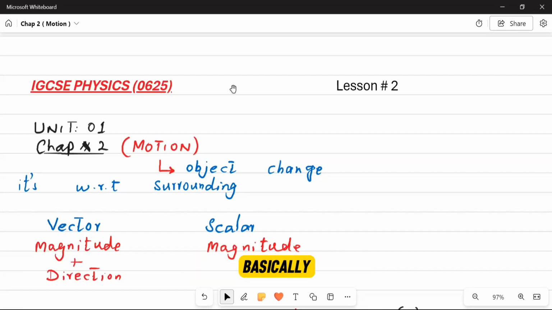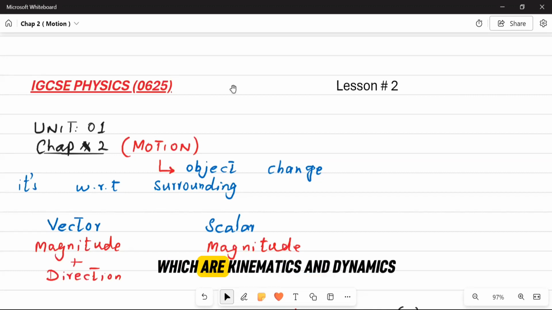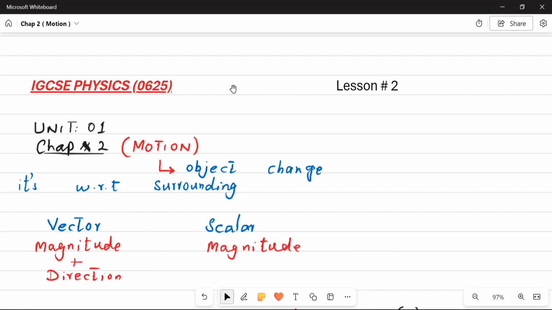So, basically, physics is divided into different branches, and there are two branches of physics which are kinematics and dynamics. In kinematics, we discuss only motion of the objects without any reason. But in dynamics, we study the motion as well as causes behind the motion.